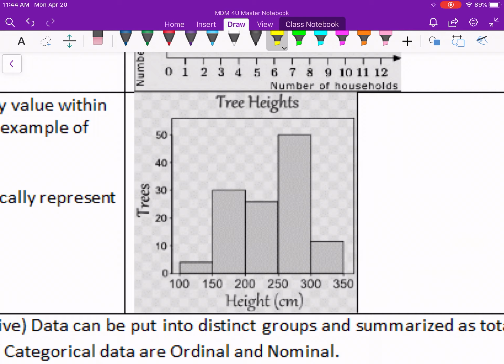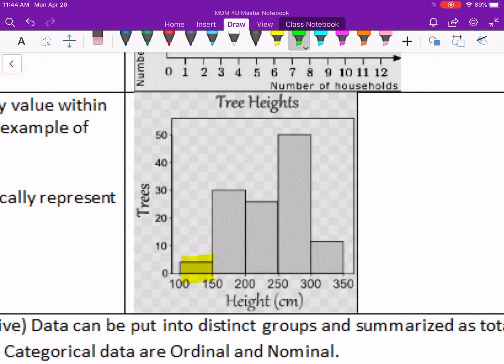So we have a bar, say, here, that runs between 100 and 150 centimeters. So what we're doing with a histogram is we're grouping things together. Any tree that has a height between 100 and 150 centimeters would fall into this interval.